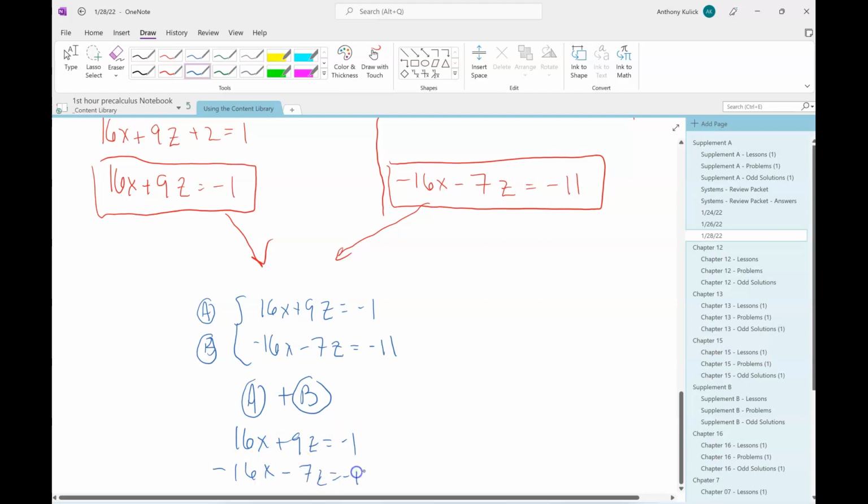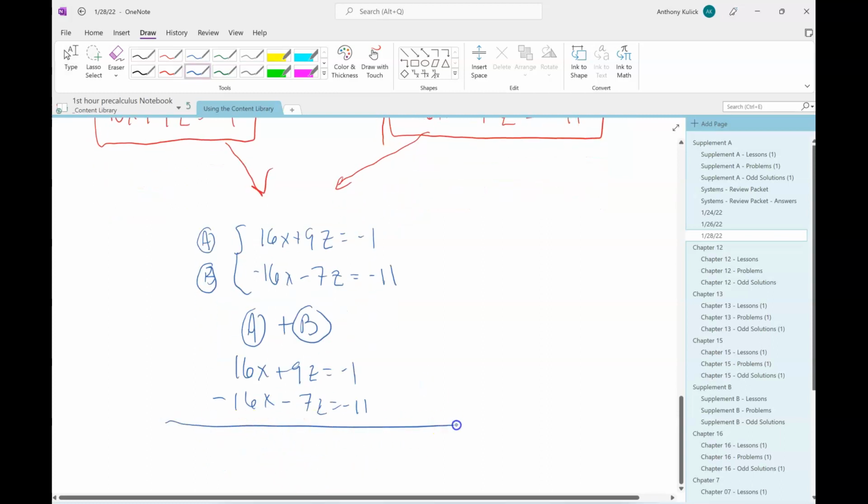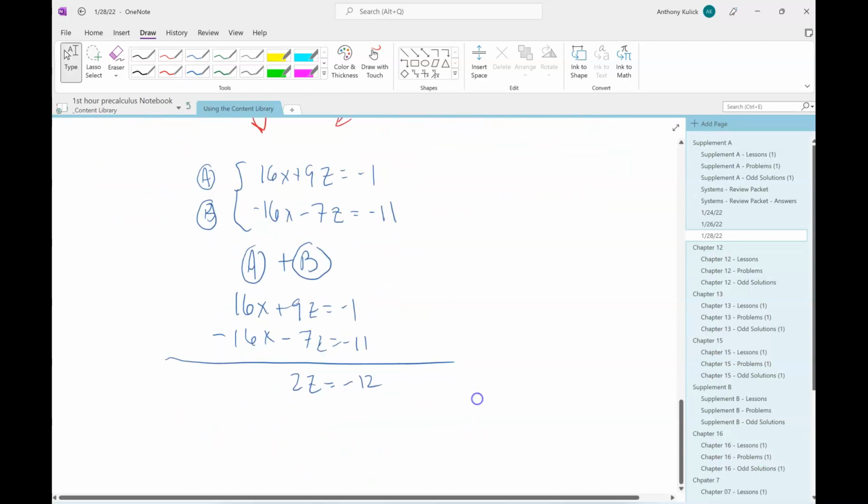And I'm probably writing way more extra stuff than you would need. But, you know, they're notes. So you get what you pay for. So when I add the two equations together, I get 2z equals -12. And when I solve, then I get z is equal to -6.